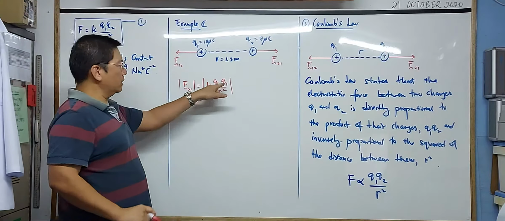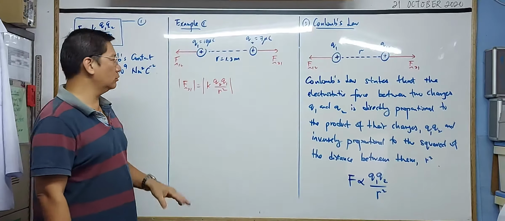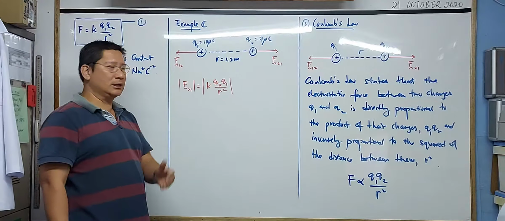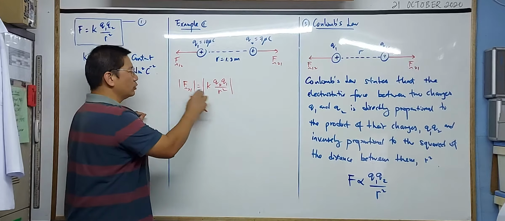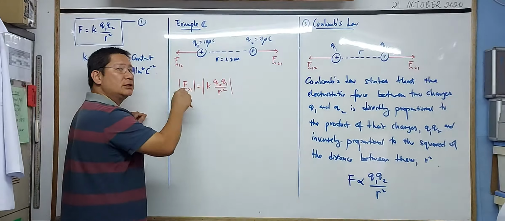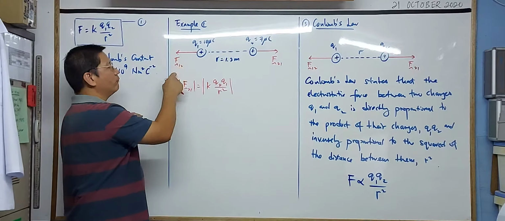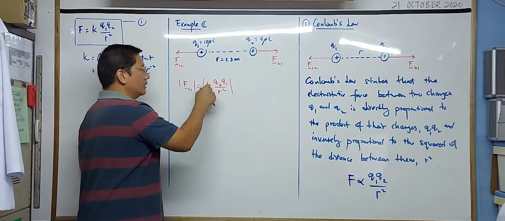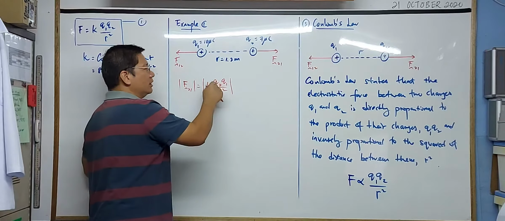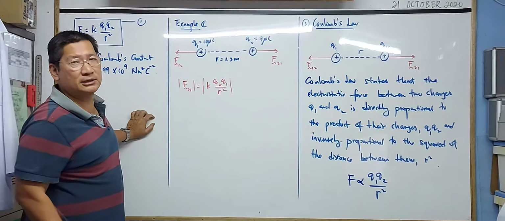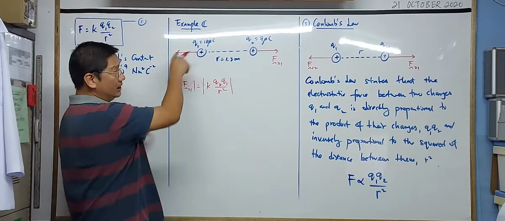Why do I put Q2 Q1 instead of Q1 Q2? They are the same answer, but we want to follow the order so that you don't put in the wrong charges. For F21 you have Q2 Q1. If I calculate F12, it is Q1 Q2, but it doesn't matter, the value will be the same.